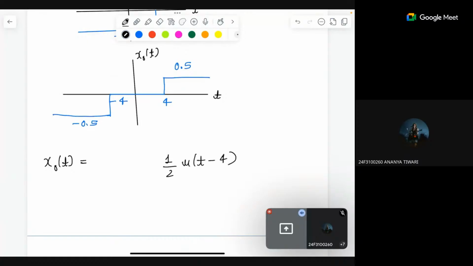Is this fine? Now look at the left hand portion. This is the time reversed version of the one on the right hand side, and there is also amplitude reversal. So what I have is minus half u of minus t minus 4. Is this clear?